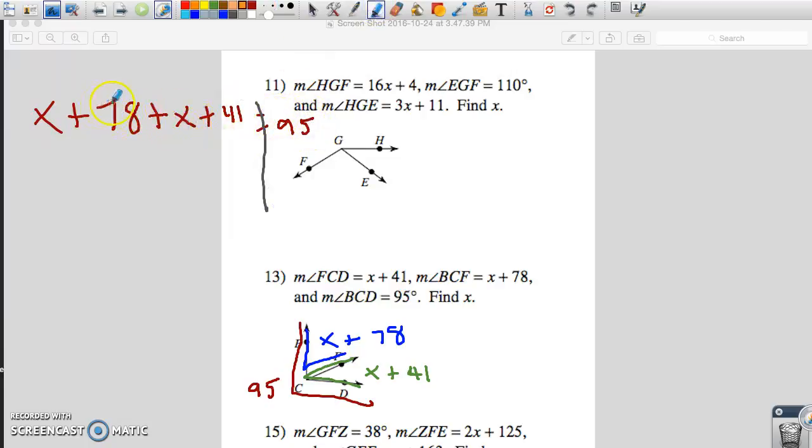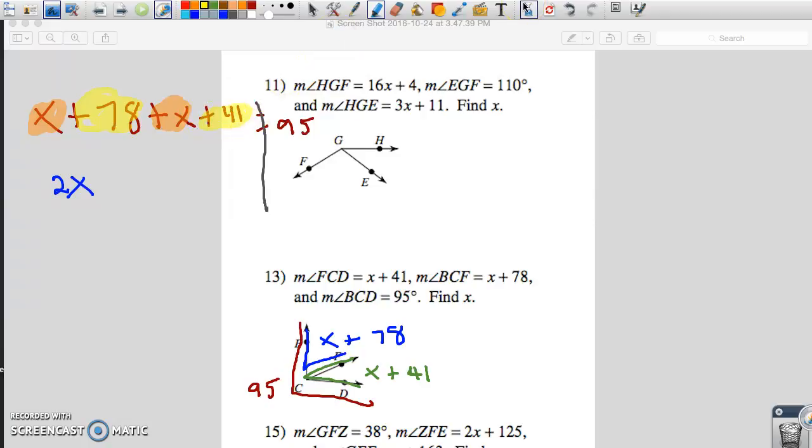Step 1, combine any like terms on this side together. Here's 1x plus another positive 1x. So how many x's do we have all together on this side? If you said 2, you're correct. Okay? But look, you also have these naked numbers, also called coefficients, that you can combine. A positive 78 plus a positive 41.